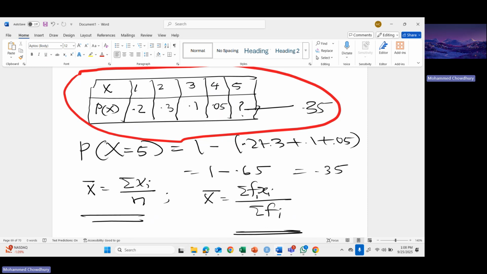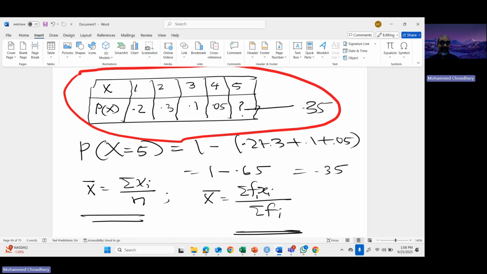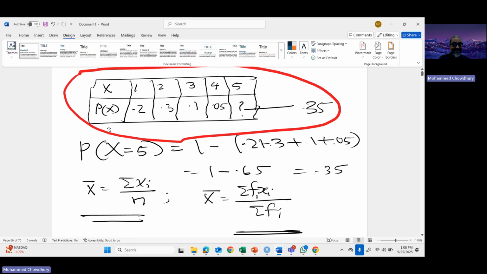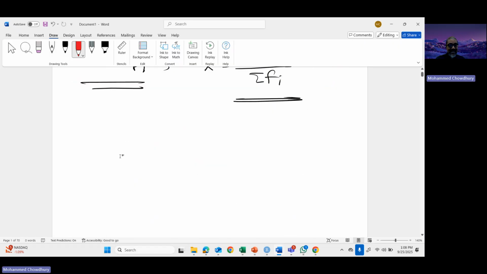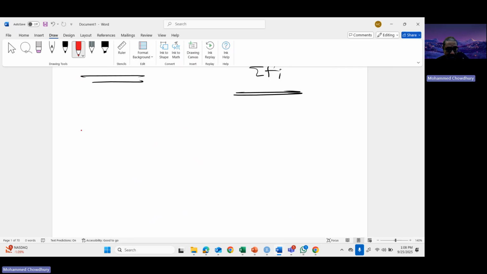Probability of 2 is 30%, right? So now the question is how to compute the mean of the random variable X. Understand? So the formula for computing the mean of the random variable X in such a case would be, you can compute the mean, which is known as the mean or average.